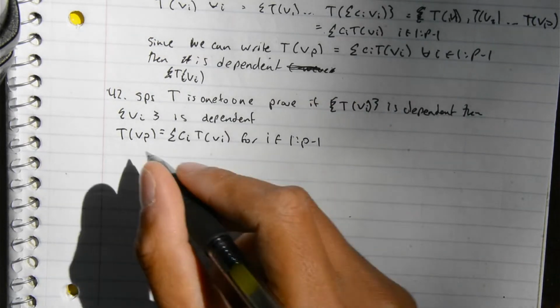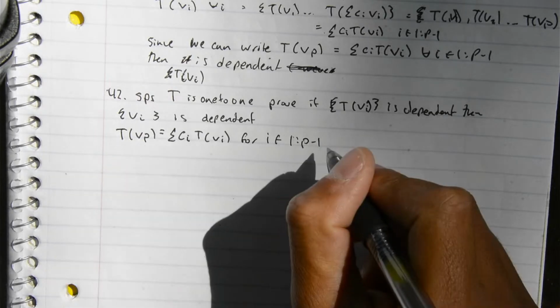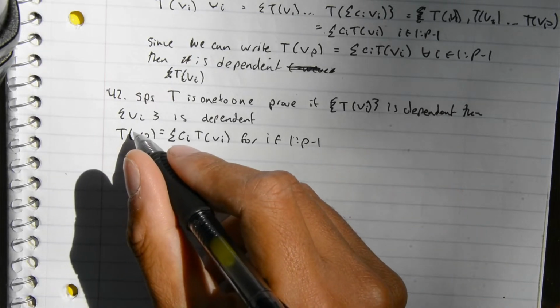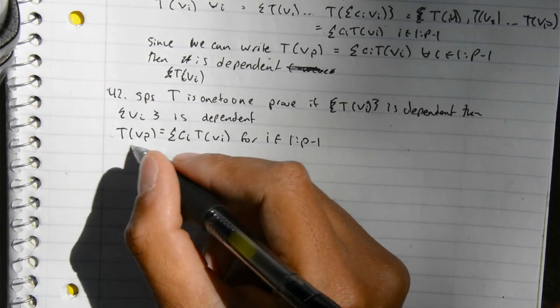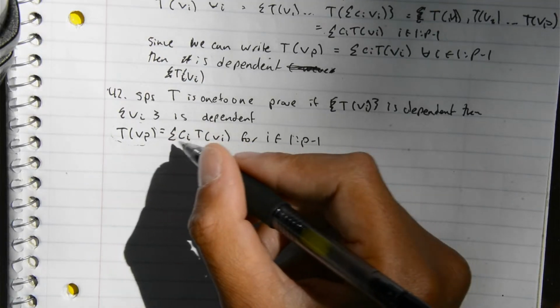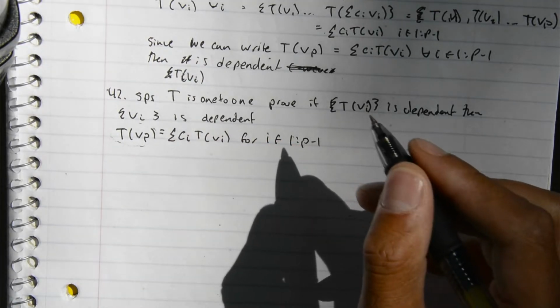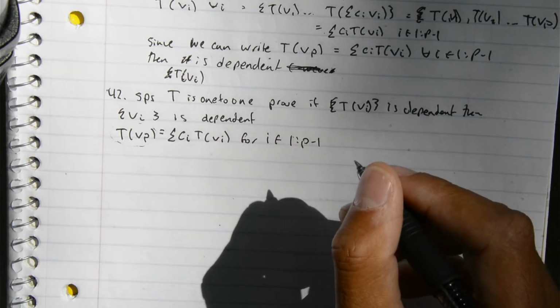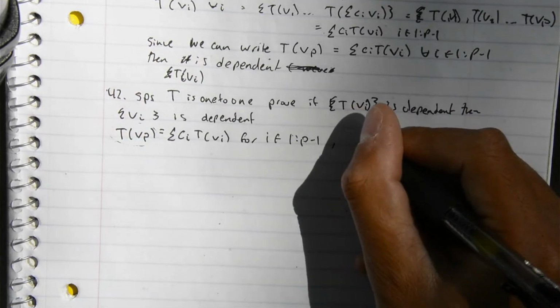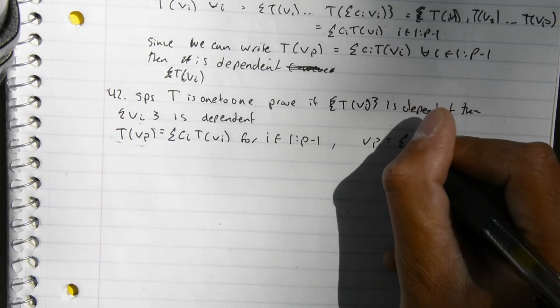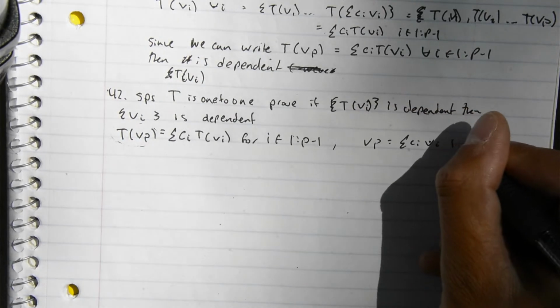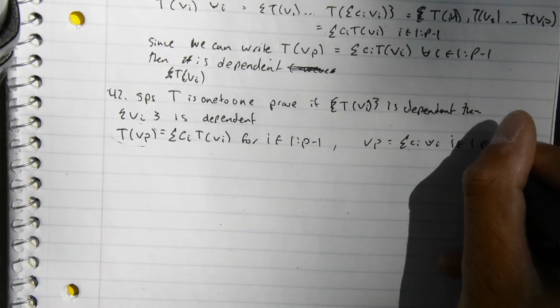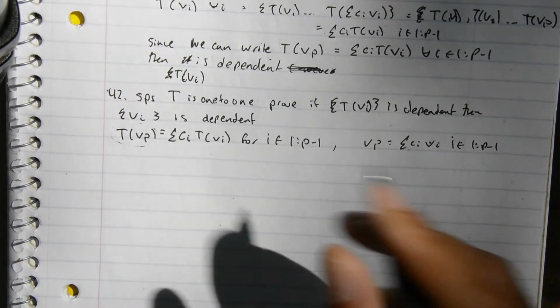This is just the definition of linear dependence. We can write one of the images as a linear combination of the other images. Now we want to show that Vp is equal to a sum of Ci Vi, i in 1 to p minus 1.